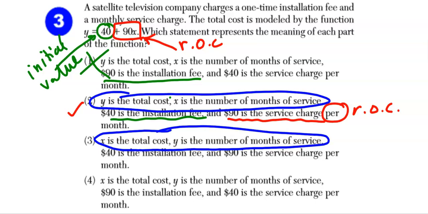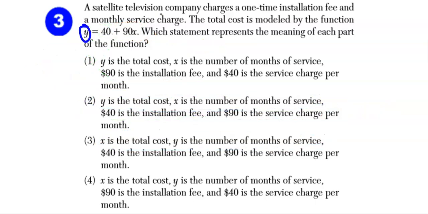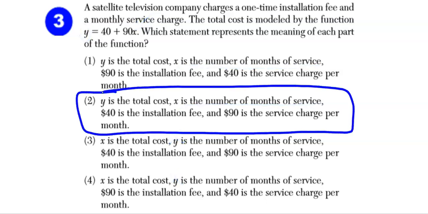So we have to focus and make sure that we understand that Y is the output and X is the input. So X has to be what's changing. And what's changing is the months of service. So X has to represent the months of service, not Y. So that means option 2 is the correct answer.